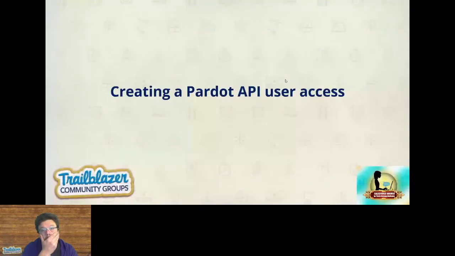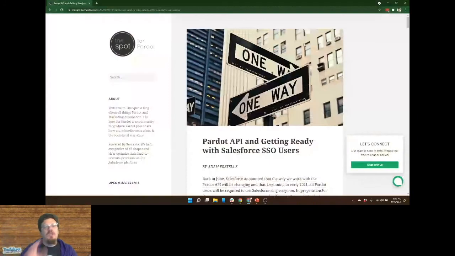So creating a Pardot user access, right? Demo. I'm not actually going to create it all the way, but I am going to show where we would do this, because not everybody is a Salesforce admin, and they may not have been in some of these nooks and crannies. The API developer doc has creating authentication and stuff like that. Sucante, we've written a couple blog posts on how to do this.